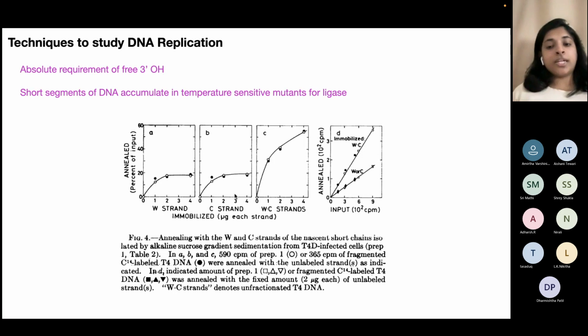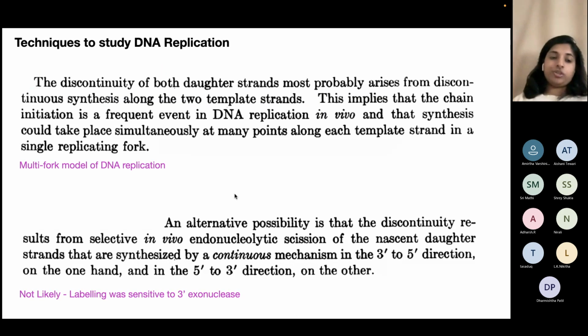So in a phage, the type of replication that happens is different, and it is now known to be a multi-fork mode of replication, because of which they saw that both strands are being synthesized in a discontinuous manner. They had two fairly simple conclusions.